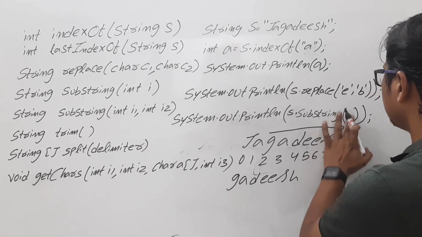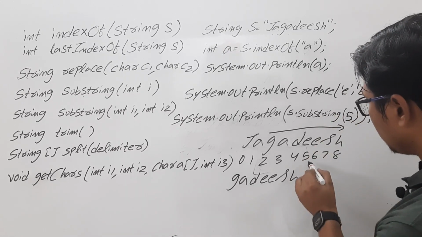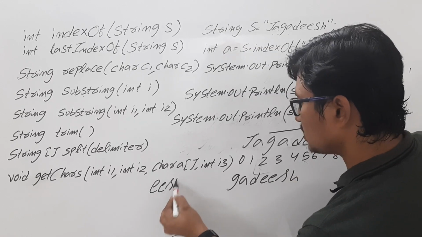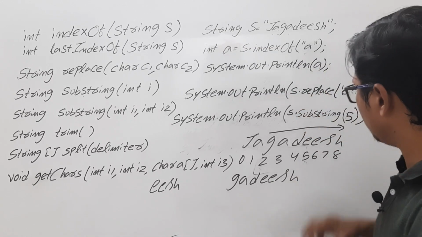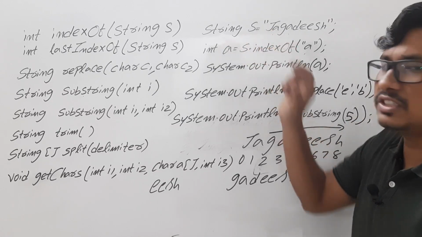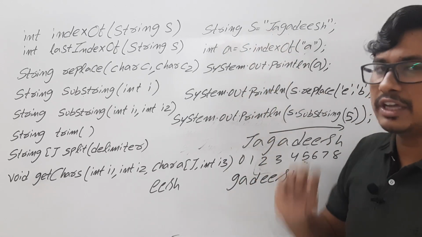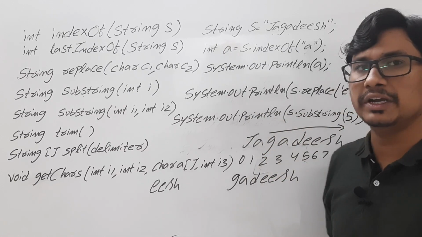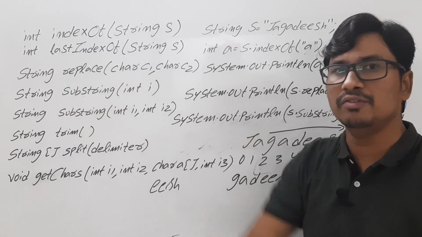Suppose if I write index 5, then from the index 5, which is I, ISH will be produced as an output. From the fifth index in the string in the variable s till the last, whatever is there will be displayed as an output. So that is the meaning of substring.